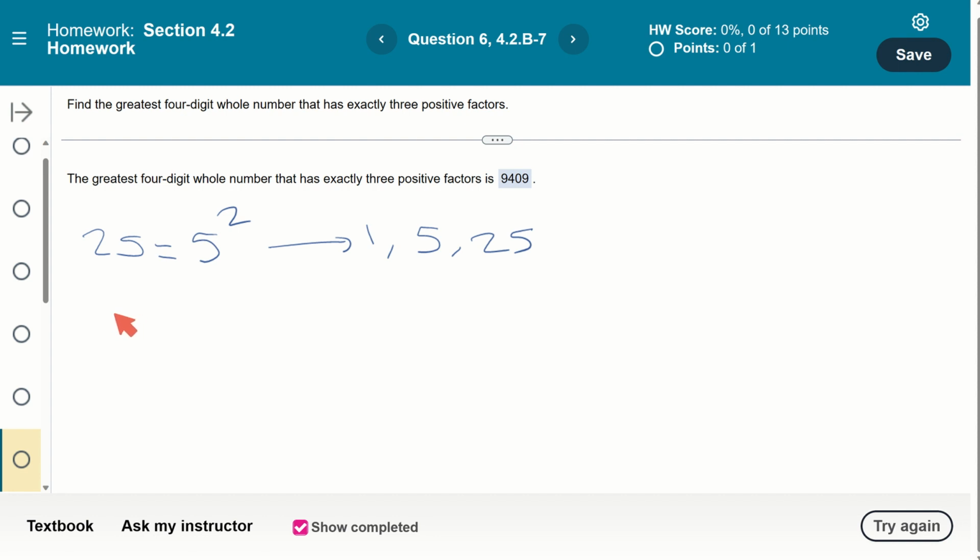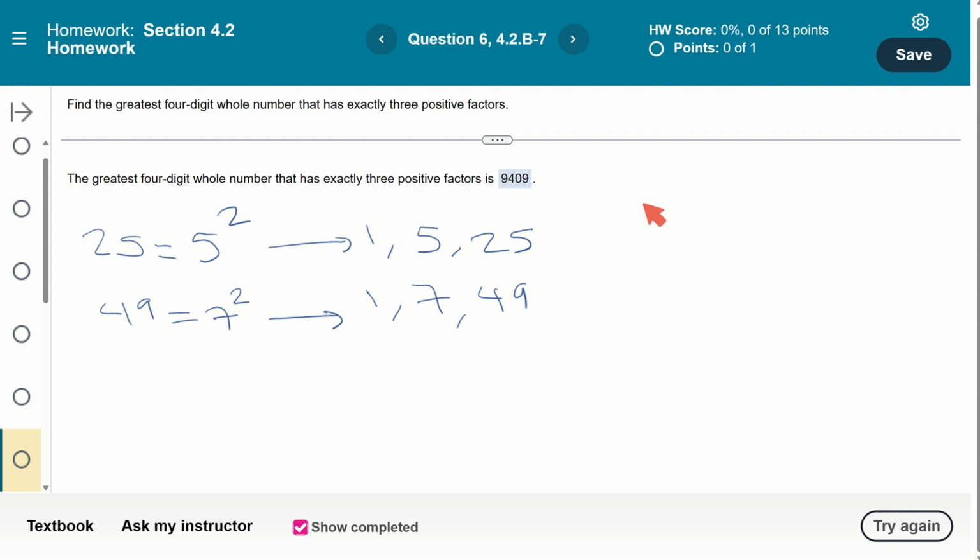Like what about 49? We know that's 7 squared. What are the only positive factors it has? 1, 7, and itself, right?